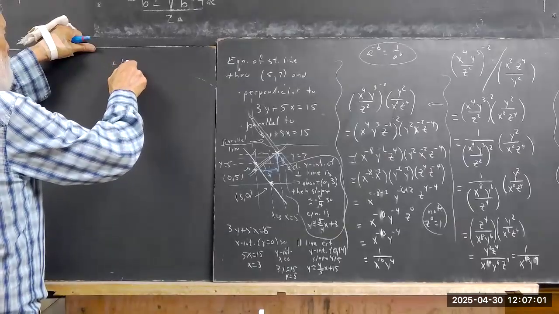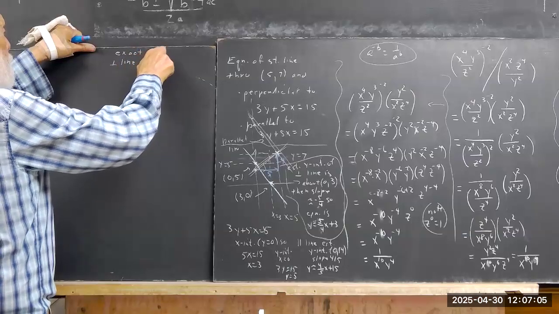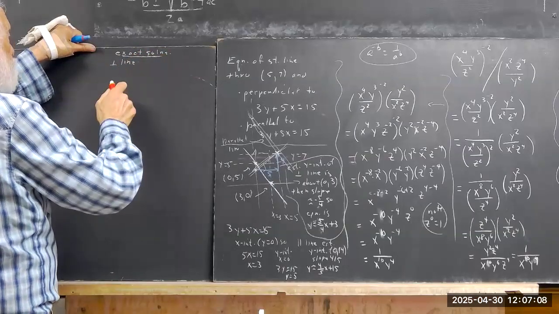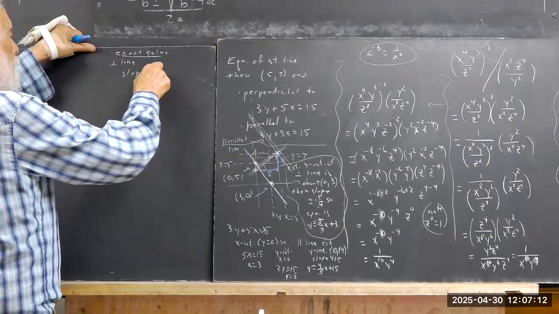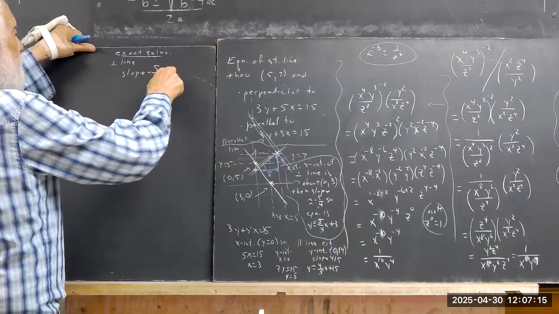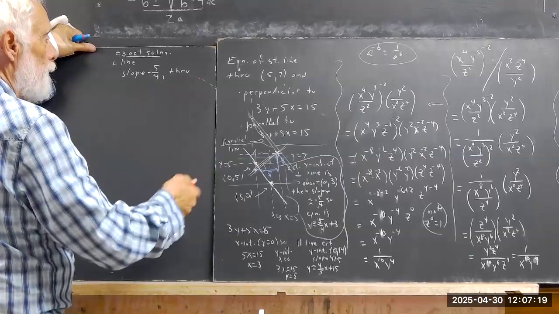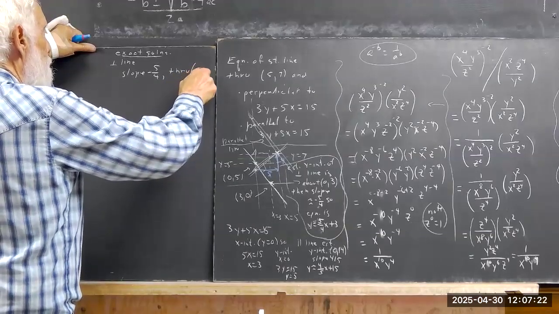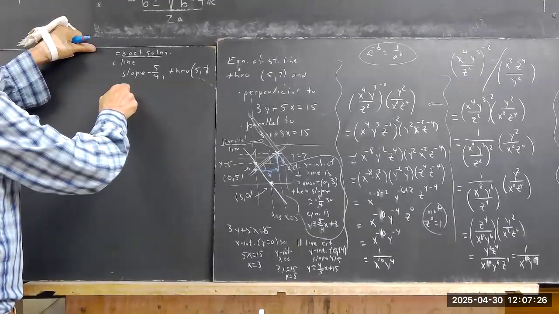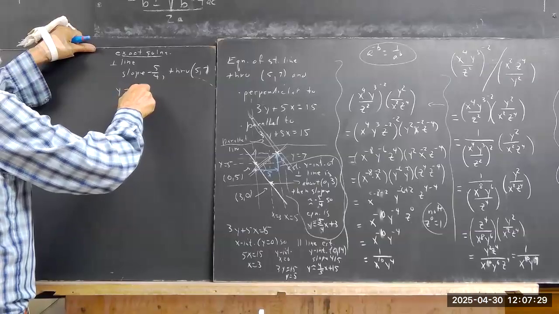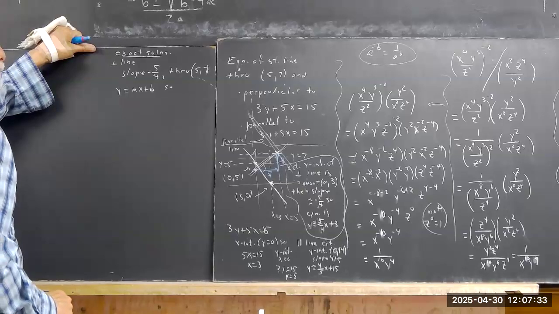Regular line. Slope -5/4 through the point (5, 7). y equals mx plus b.